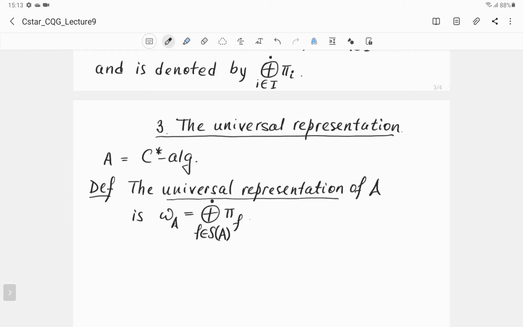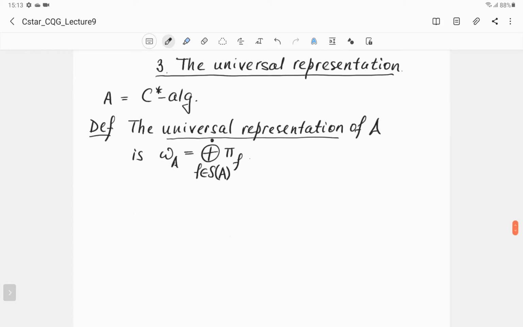But it turns out that indeed the universal representation has some universal property formulated in terms of von Neumann algebras and their normal morphisms. For our purposes, the universal representation is important because it enables us to prove the second Gelfand-Naimark theorem, which is one of the most fundamental results in the C-star algebra theory.